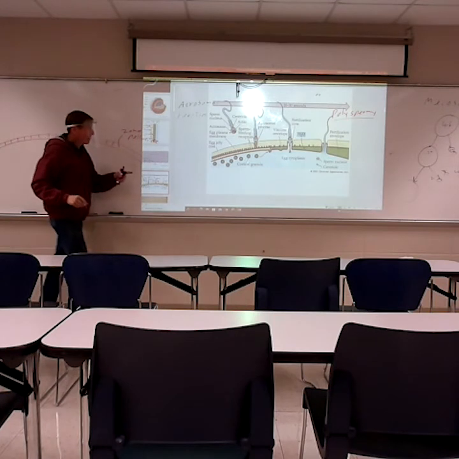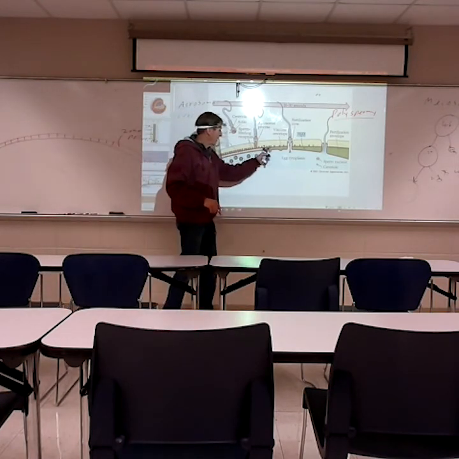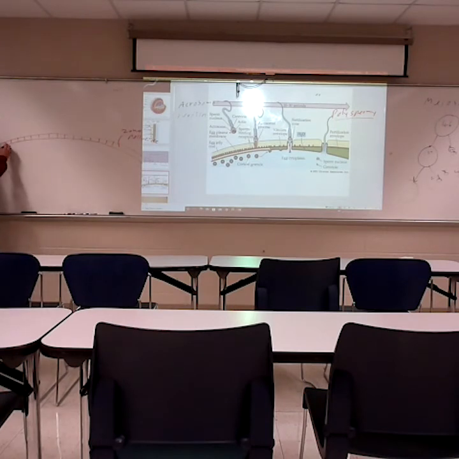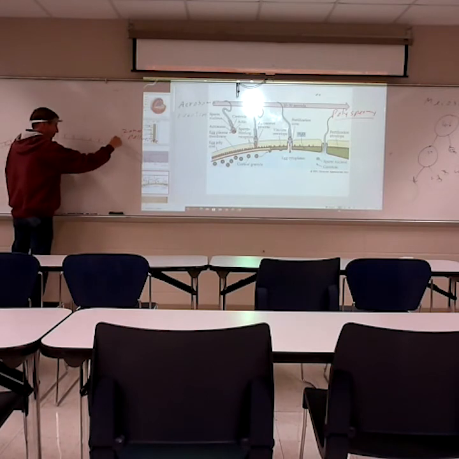My red is representing the zona pellucida, this line here. The black is the cell membrane or plasma membrane of the egg. And then you might have a little corona radiata out here, or jelly coat, depending on the species.